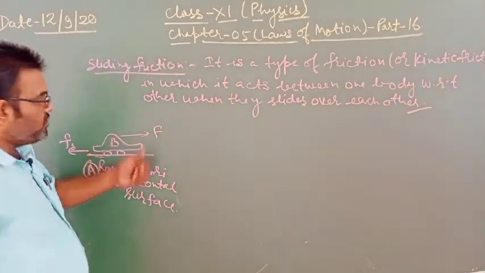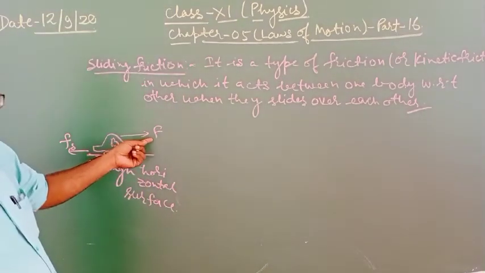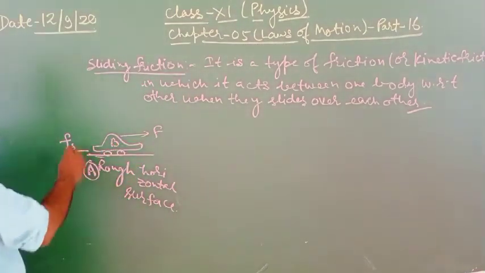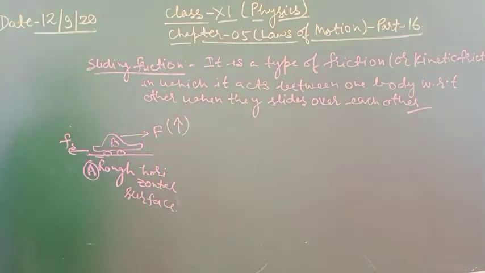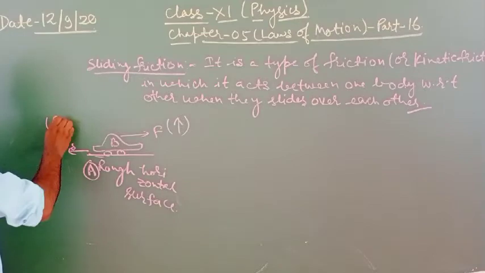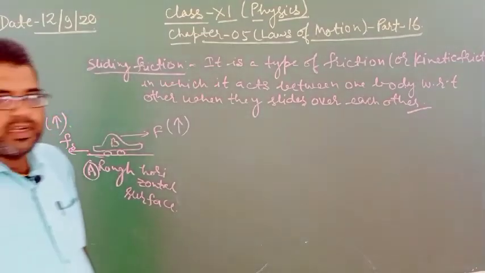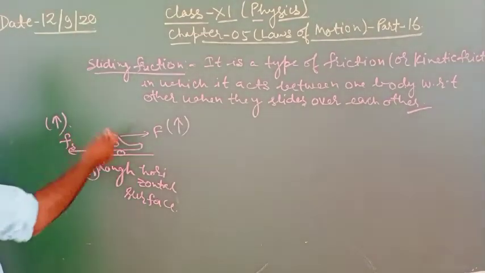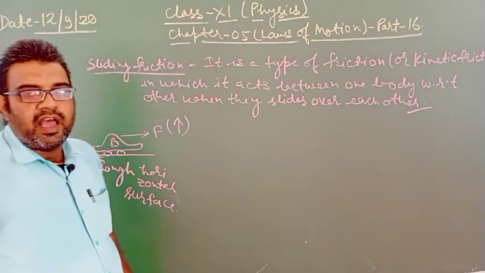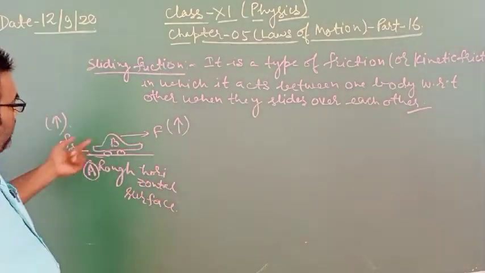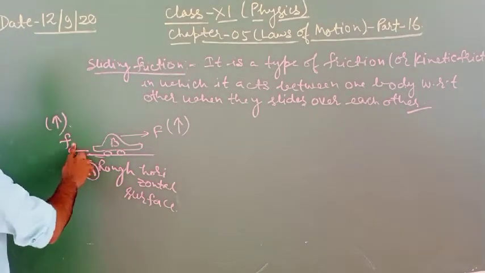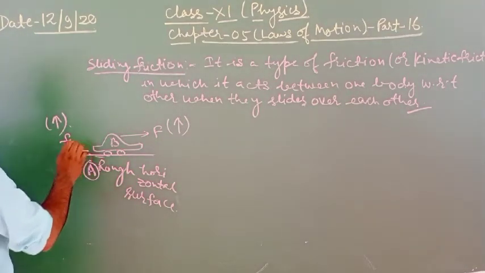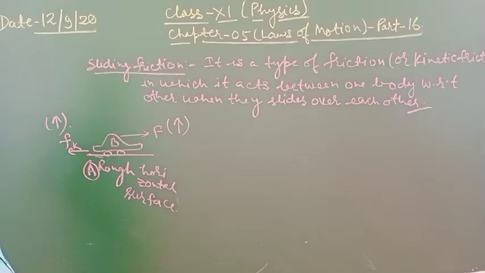But if we increase the applied force F, then the static friction also goes on increasing, and it reaches its limiting value. After that, if we increase the force above the limiting value, then this friction becomes the kinetic friction.